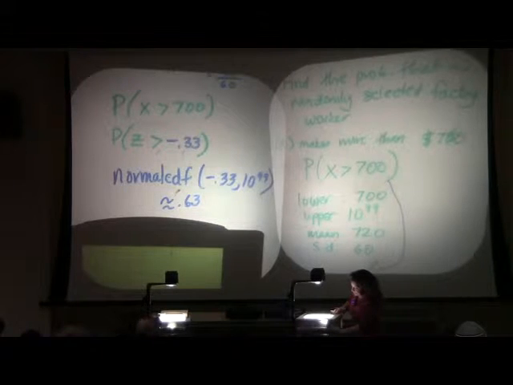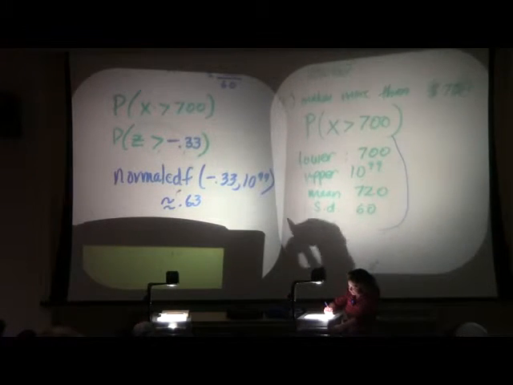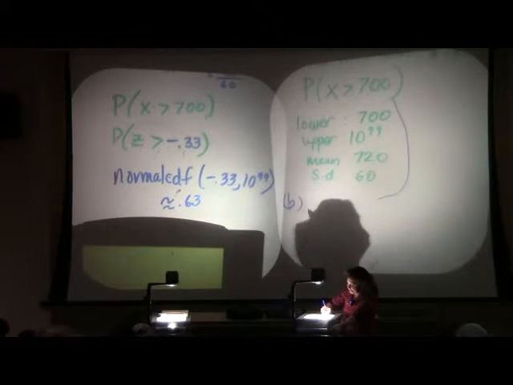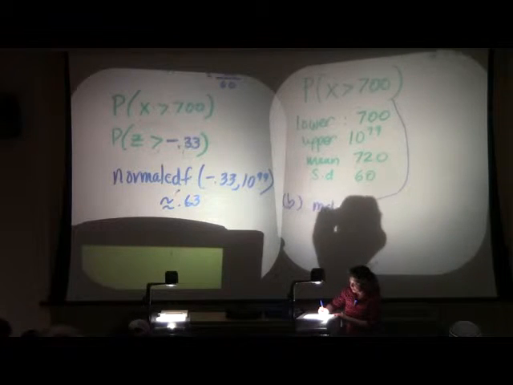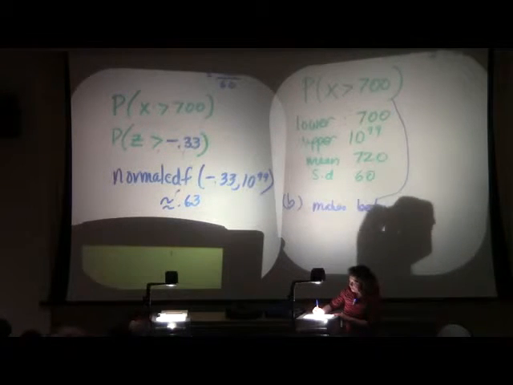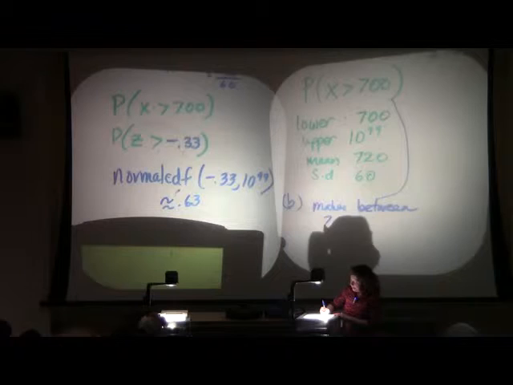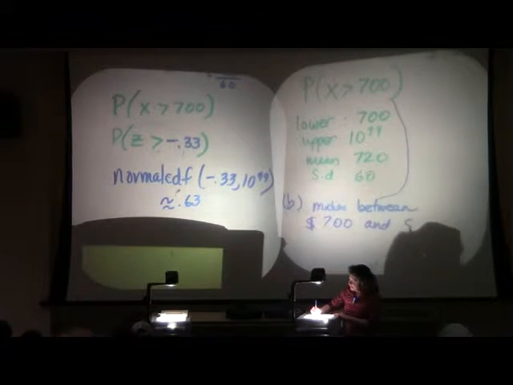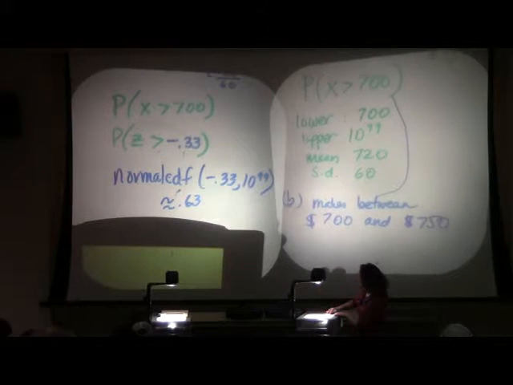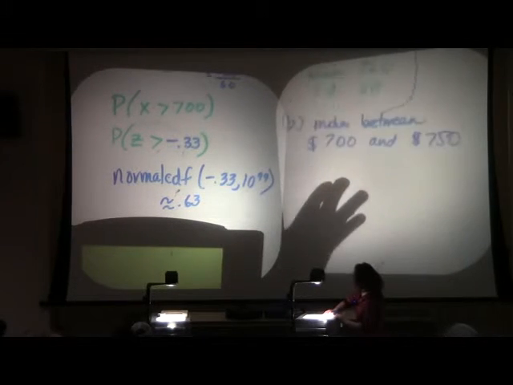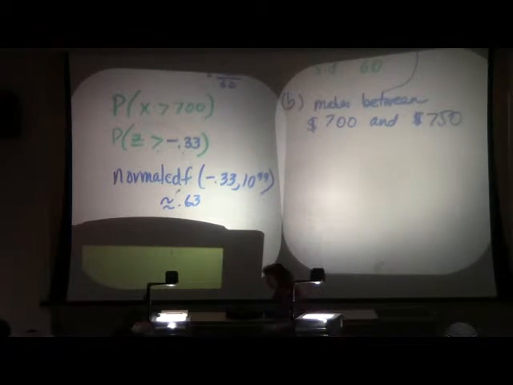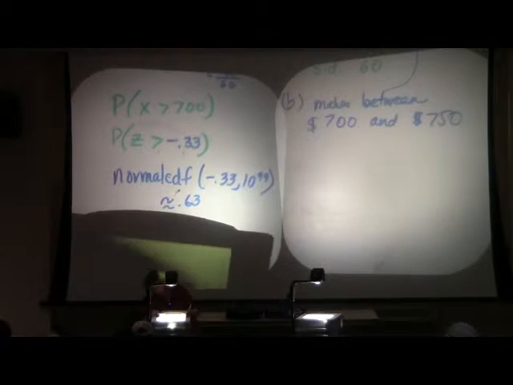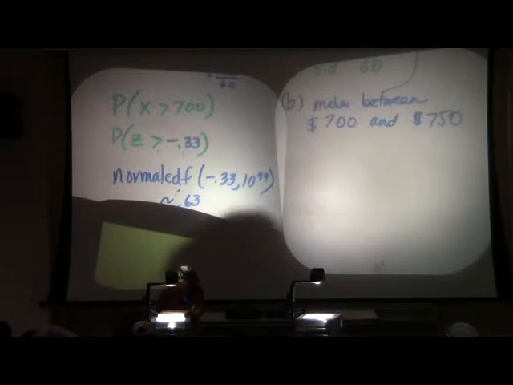All right, so let's do another part. Now let's find the probability that a randomly selected factory worker makes between, how about $700 and $750. Our mean and our standard deviation are still exactly the same.